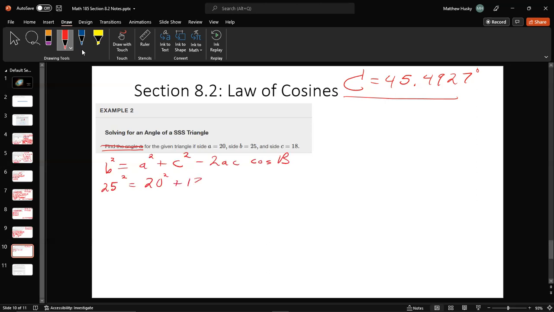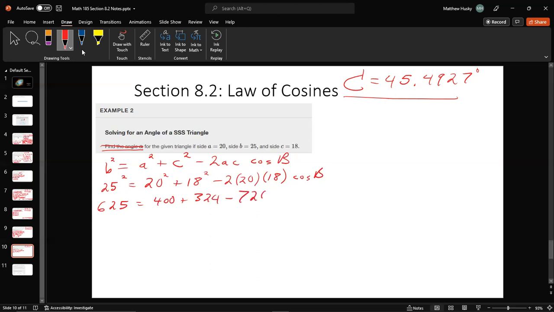We know C, which is 18 squared, minus 2 times A, which is 20, times C, which is 18, times the cosine of B. All right, that's 625. That is 400. That is 324. What is 40 times 18? That is 720.